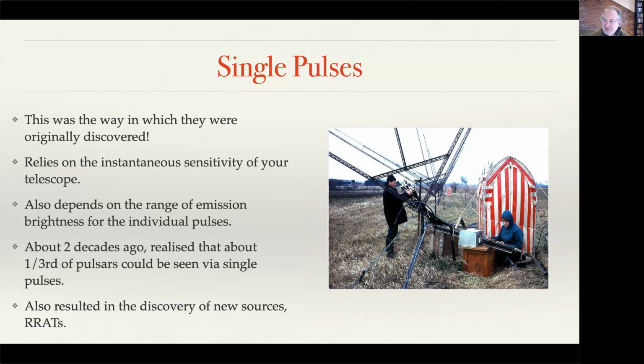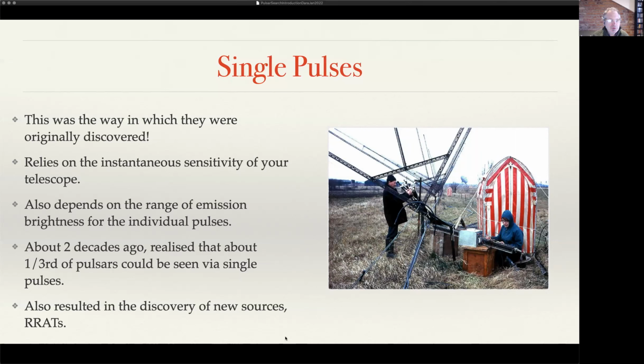This renewed interest in looking for pulsars via their single pulses, these bright occasional pulses, meant that people went back and looked at old data that had been recorded and tried to search for new sources. And what they found was a population of neutron stars that emit radio pulses, but they do it irregularly.